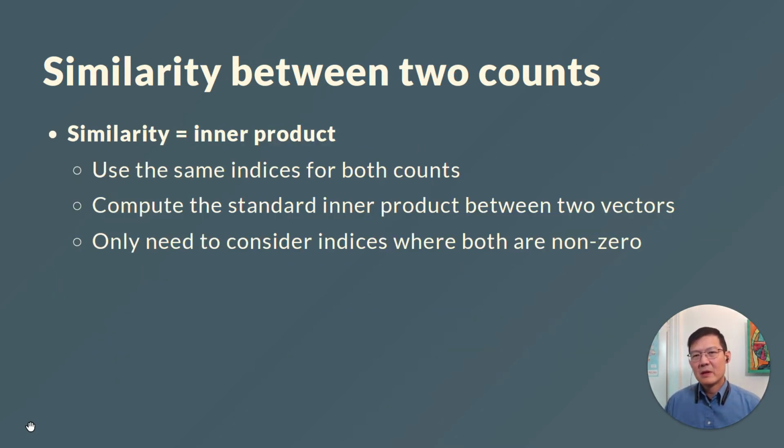So given these 2 sequences, we can compute a similarity by converting them into these arrays of 2-mer counts, and then we can just use the standard inner product between these 2 vectors.